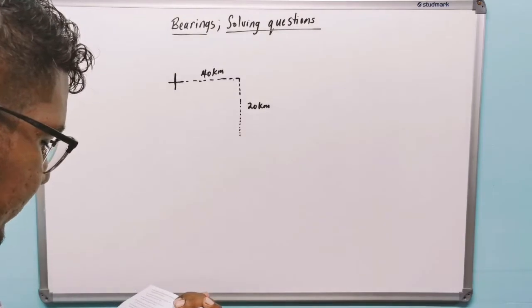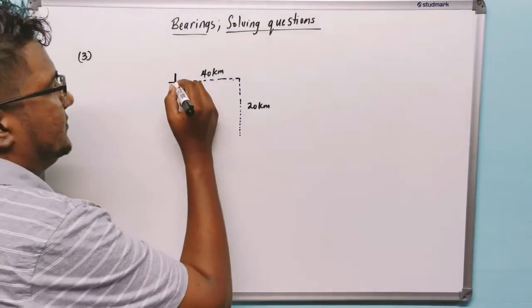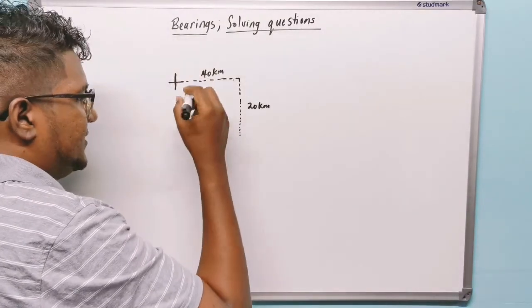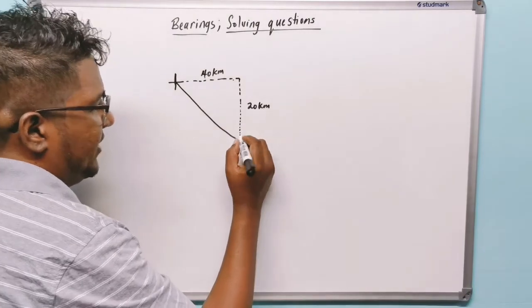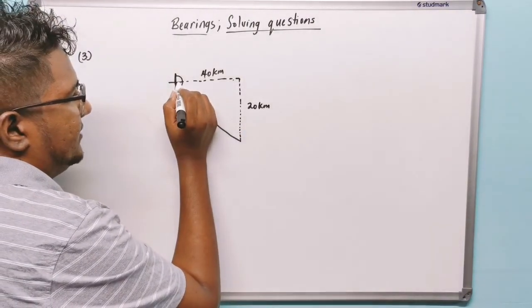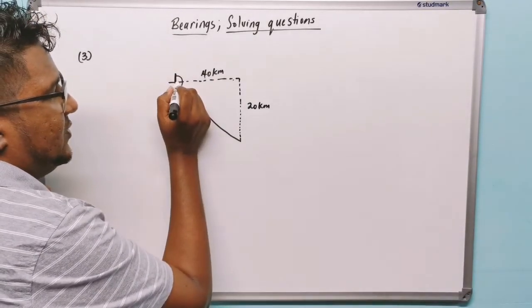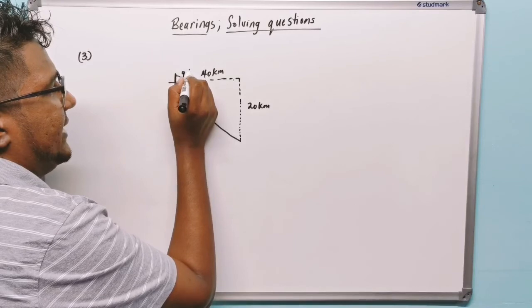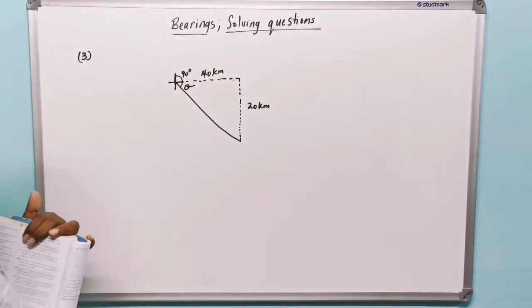They want to know, determine the bearing on which the ship sailed. So the bearing they want to know is this entire angle here, right? Now we know from here to the east line is 90 degrees. So we have to find this angle inside here.